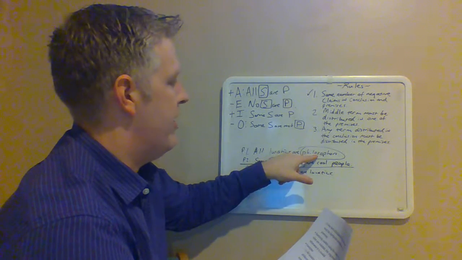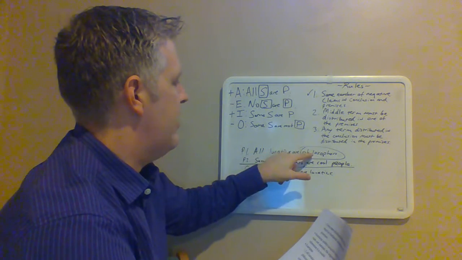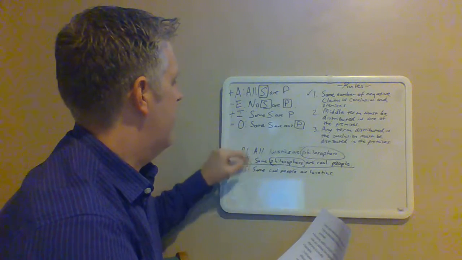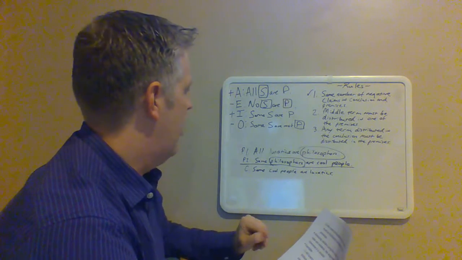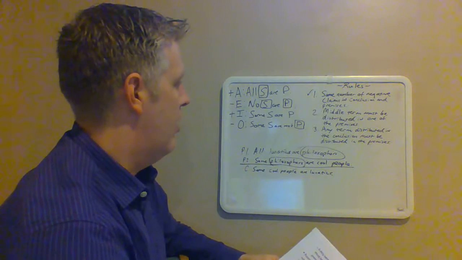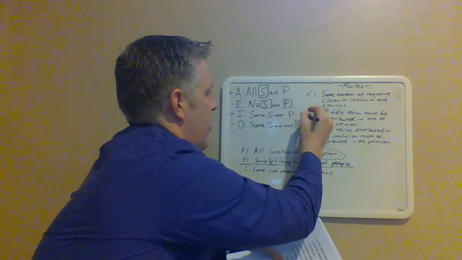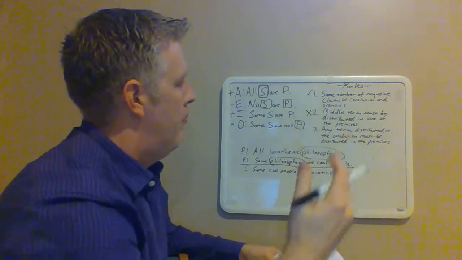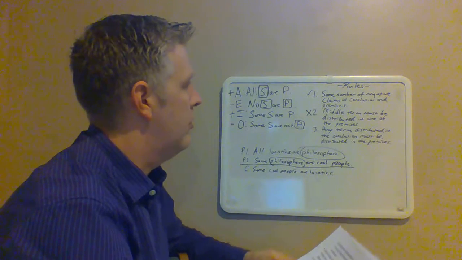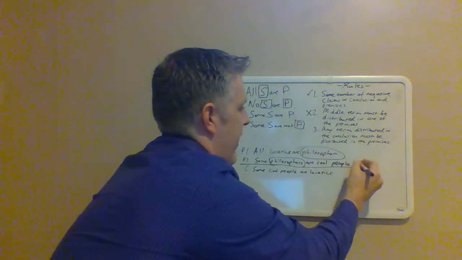Philosophers appears as the predicate in that claim, so it is not distributed in that first premise. Now we know that the second premise, as I mentioned earlier, is an I claim. Neither the subject nor the predicate is distributed in an I claim, so it in fact is not distributed in either one of the premises. We know already then that it violates one of the rules, namely Rule 2, right? So we already know that this is invalid.